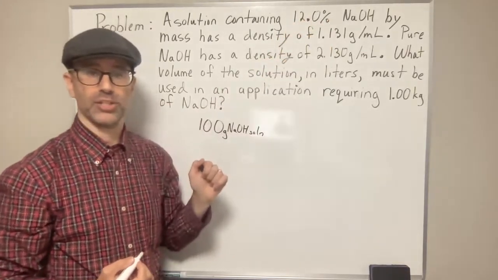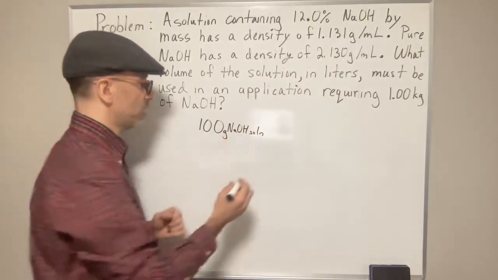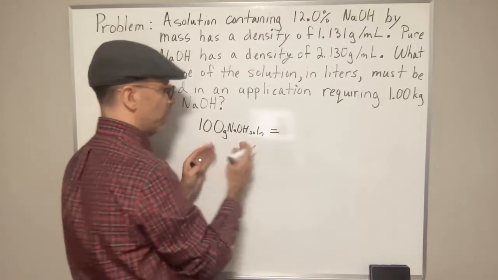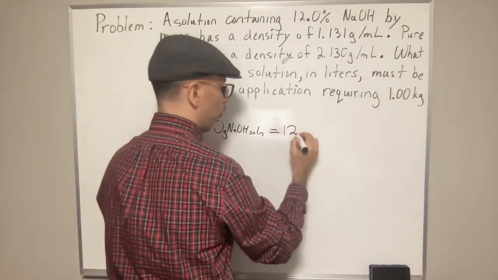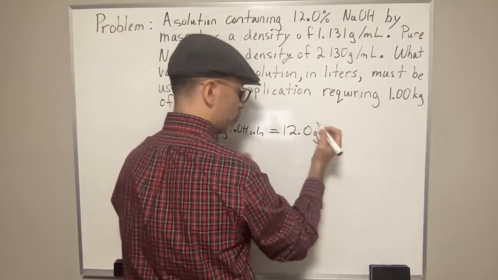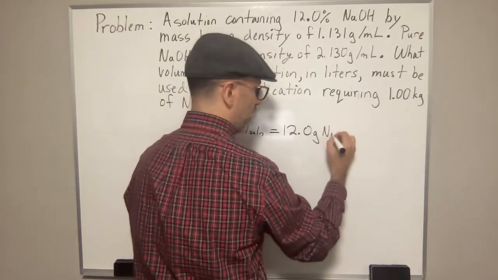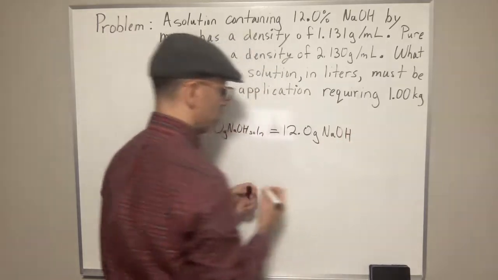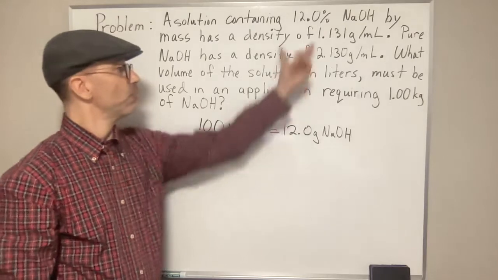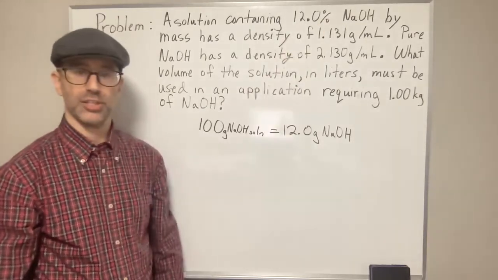So that is going to be equal to 12.0 grams of the actual substance, in this case NaOH. So that's how you set up the conversion factor from your percentage.